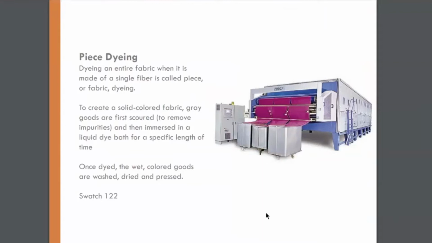Because wool dyes differently than cotton, which dyes differently than silk. So swatch number 122 is cotton. It's been piece dyed. And when you look at sample 122, you can see it's a very consistent overall color, a very solid overall color.